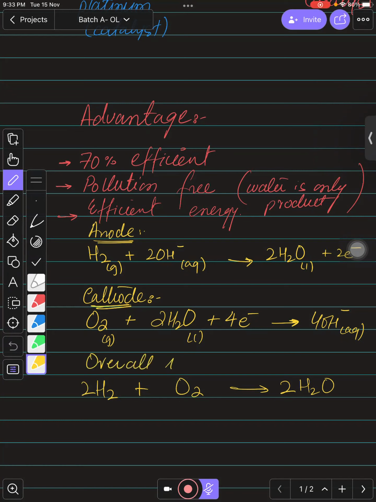In this reaction, the only product is water, which is not a pollutant. So overall, the fuel is very important for us because it is going to produce energy, and also it is not going to produce any gas which is dangerous for us or for the atmosphere of the world, right, बच्चों?